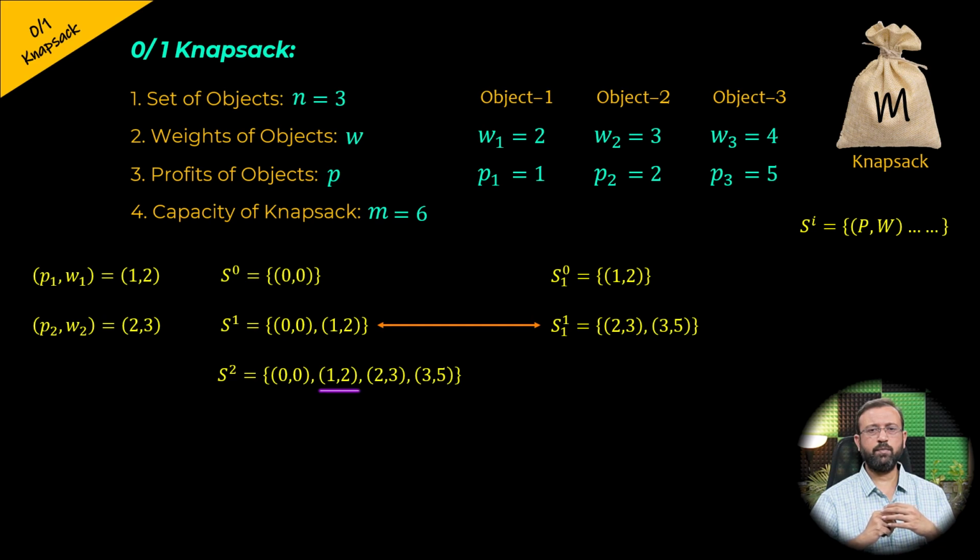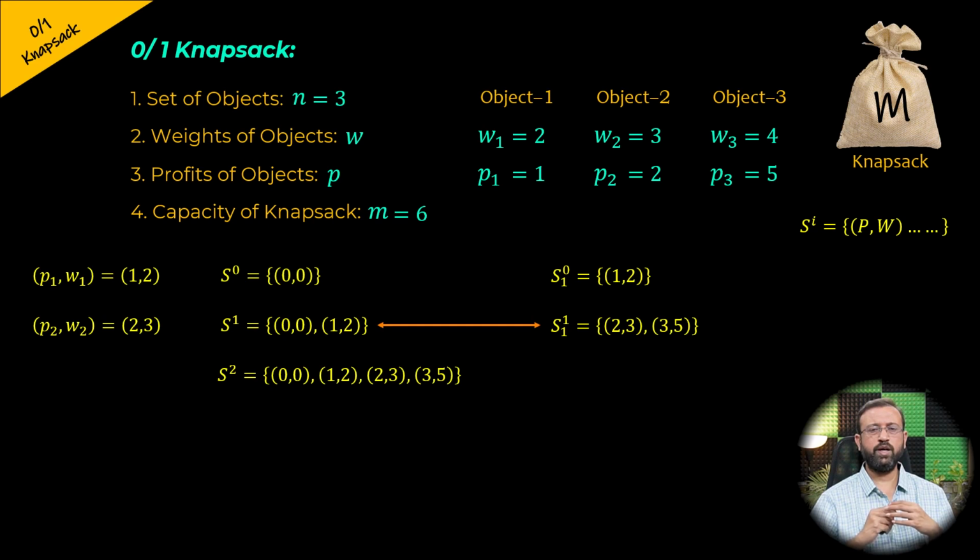Then the second pair 1, 2 means only object 1 is included and profit is 1 and weight is 2. Then the third pair 2, 3 means only object 2 is included and the profit is 2 and weight is 3. And the fourth pair 3, 5 means both object 1 and object 2 are included and the profit is 3 and weight is 5.